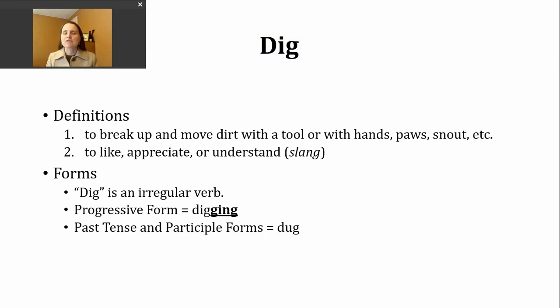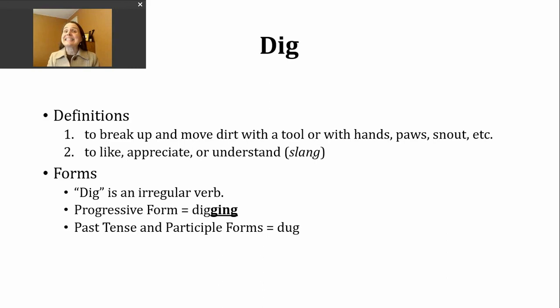If you watch movies or read some literature from the 1960s, you might see this verb being used to mean like, appreciate, or understand. It's not as common now in 2021, but again, if you're looking at older art, you might see that meaning.